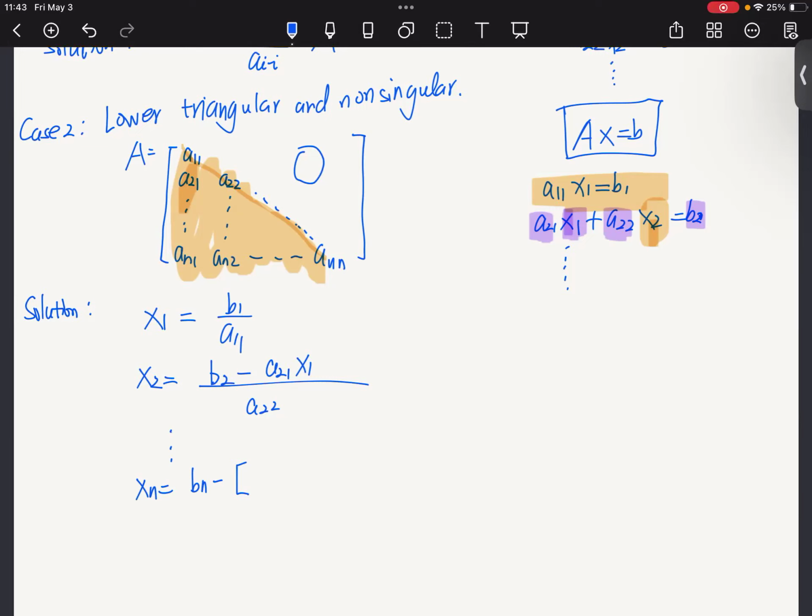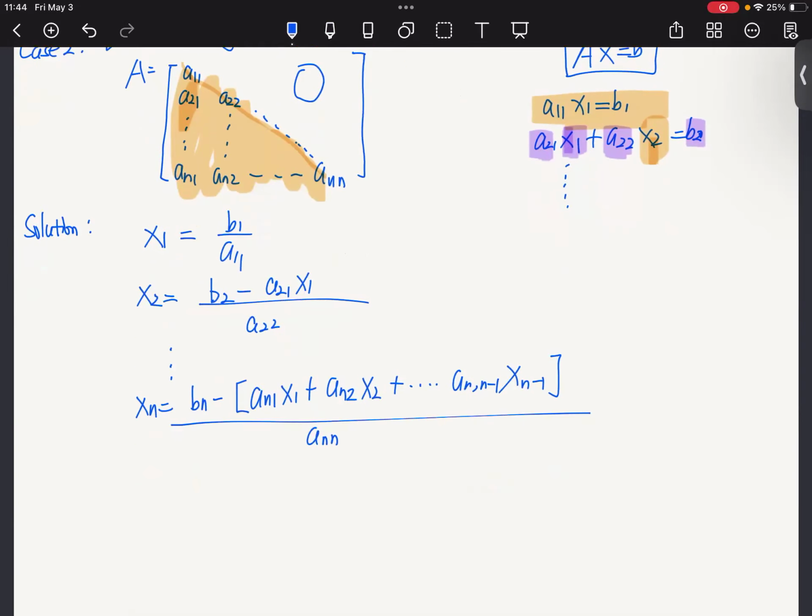So I have An1 X1 plus An2 X2, and so on, because before this step we already know all the values from X1 to Xn minus 1, and then divided by the coefficient Ann, and this is the solution. And we say this is the forward substitution process.